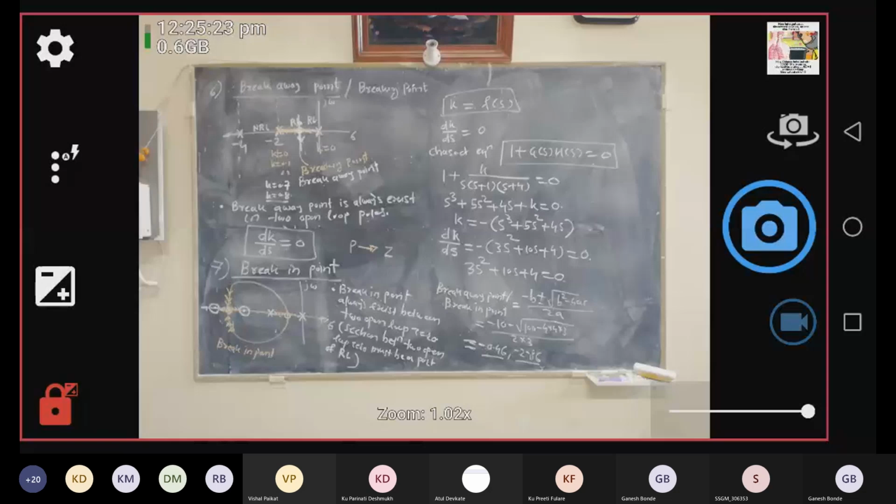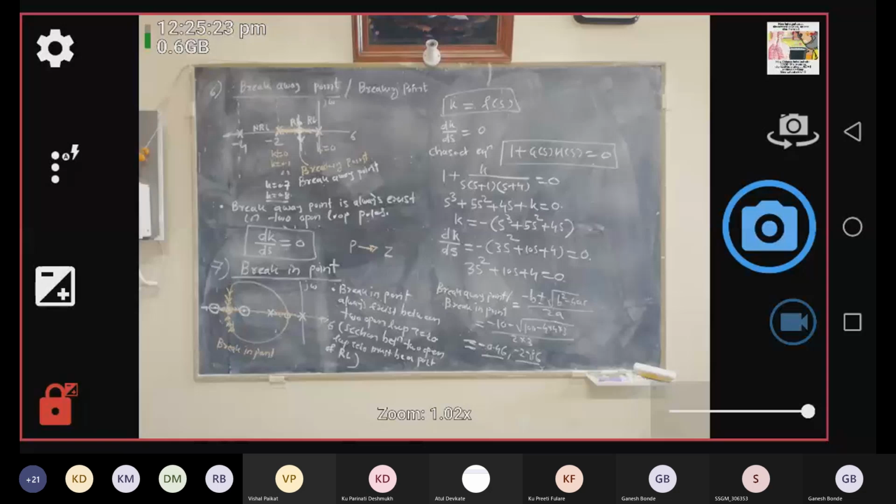So when there is a presence of complex conjugate poles in your transfer function, then and only then the angle of departure applies. The angle of arrival is related with complex conjugate zeros. So please remember these two terms. Angle of departure is related with complex conjugate poles, and angle of arrival is related with complex conjugate zeros.